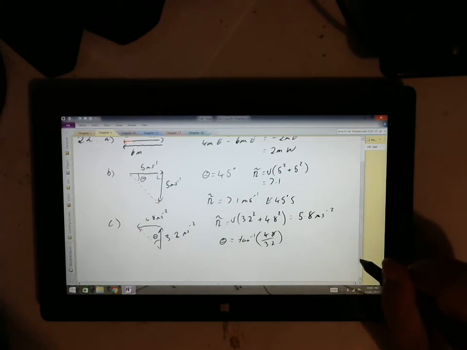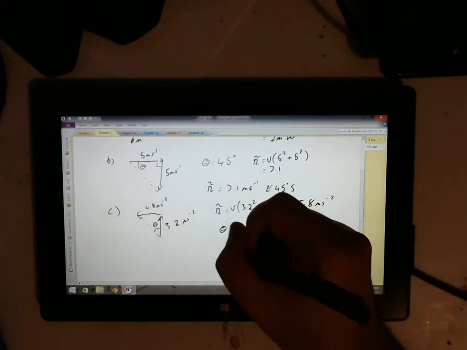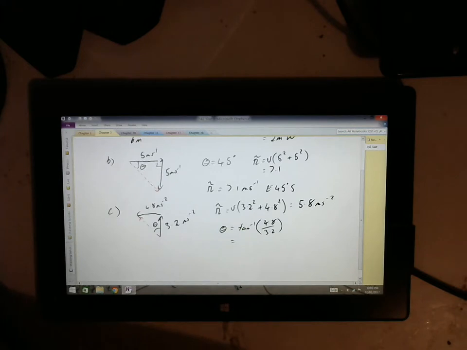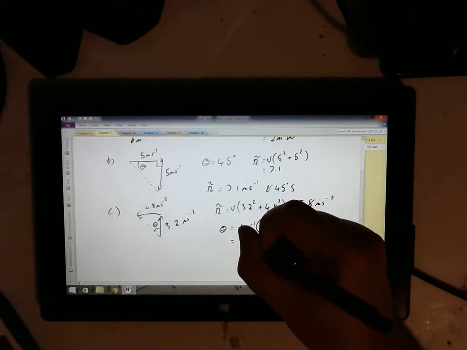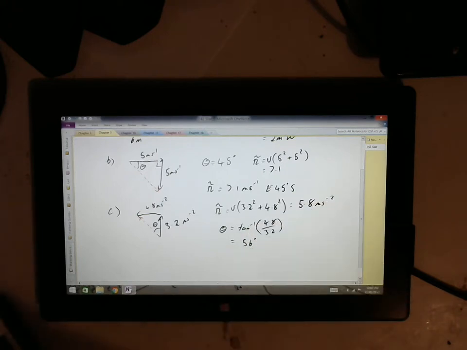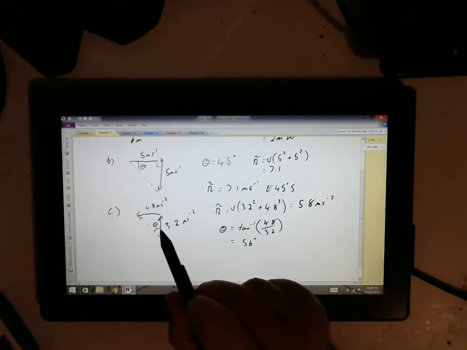However, part of improving your mathematics is to be comfortable with just skipping past some rearrangement that you should be able to see without necessarily having to write it down. And the arctan of that is equal to 56 degrees. Okay, and we see that's 56 degrees to the west from north.